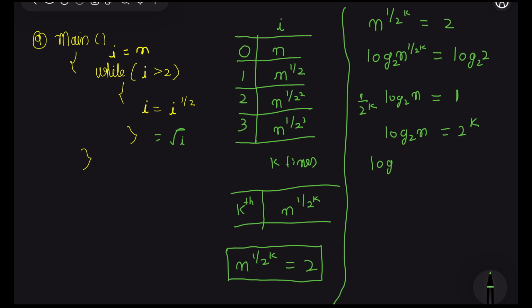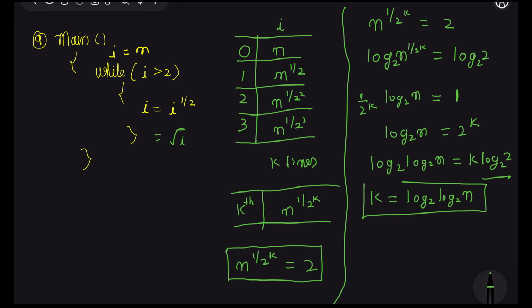So log base 2 of log base 2 n equal to k log 2. This will again become 1, so k will become k equal to log base 2 log n. So this is the final answer, and the time complexity will be big O of log log n.